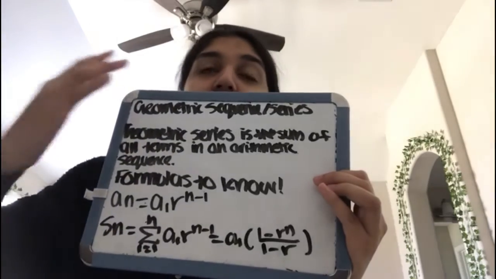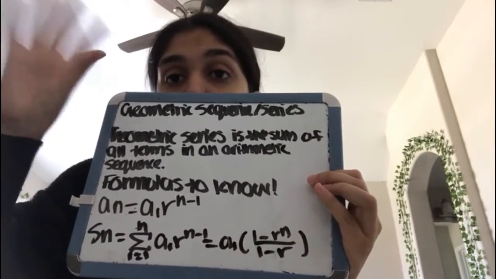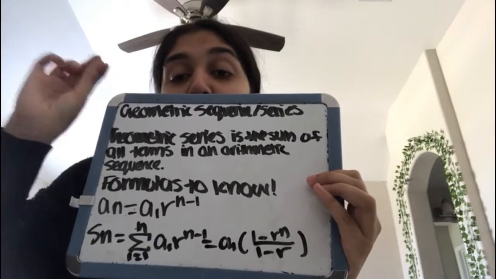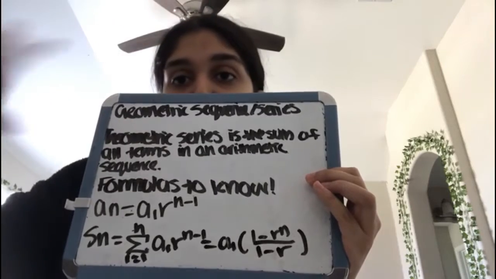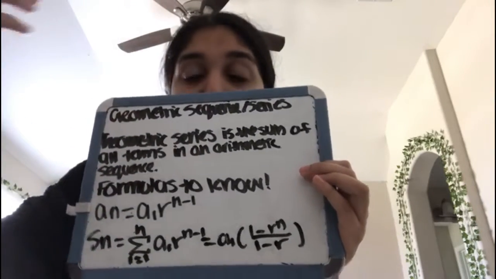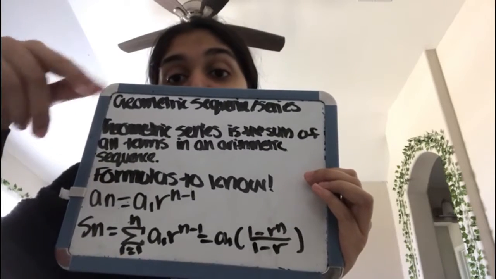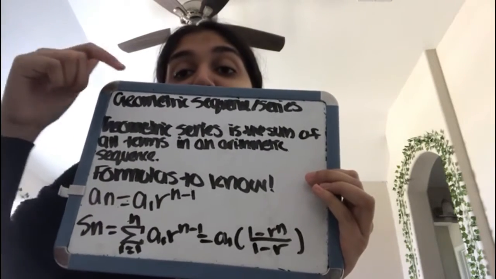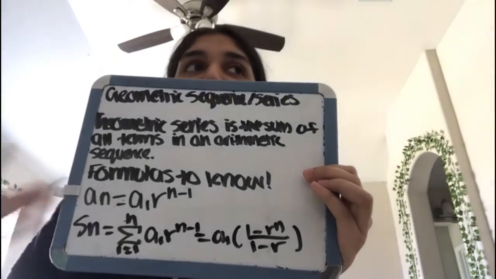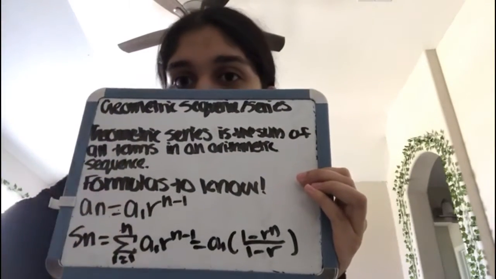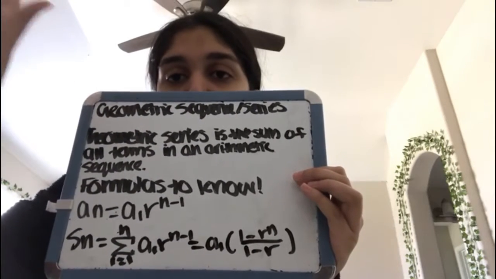You know how in the arithmetic topic we found the common difference d by subtracting? In this one you divide terms to find the common ratio. So this is the common difference, and this is the common ratio. It makes sense because you're dividing this time instead of subtracting, which is what we did in the last arithmetic topic.